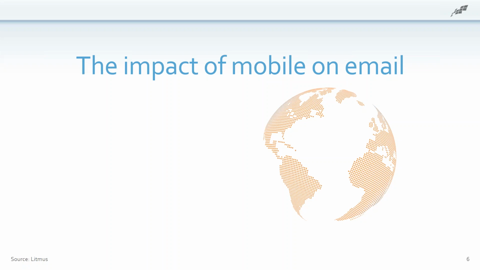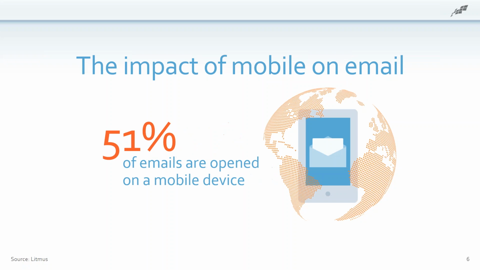And so here's the studies that show that about 51% of emails are opened on a mobile device, and this was, I think, taken about a year or two ago. I think it's probably actually a little bit higher by now, because it seems like every year that they do this study, it goes higher and higher because more and more people are getting smartphones and using them more often for email.